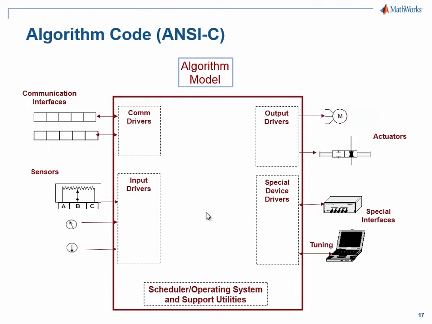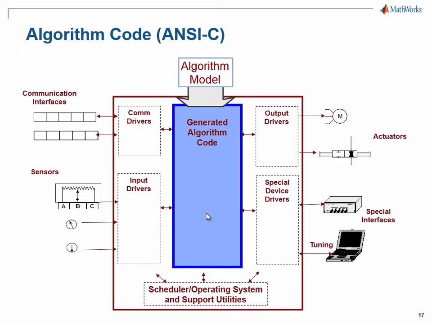You can generate code for the algorithm with well-defined interfaces using the function control characteristics I showed earlier, and then have a handwritten scheduler with device drivers interact with that algorithm just as you might have plugged hand code algorithms into your basic software framework.